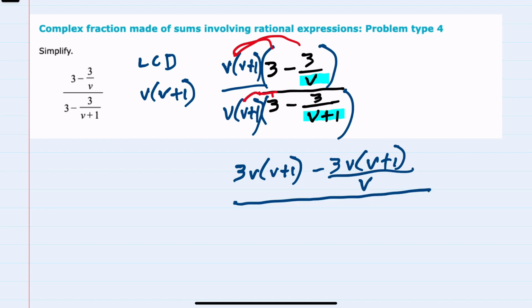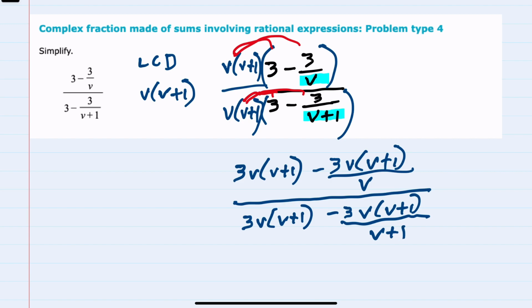And then distributing in the denominator, we also have a 3 times v plus 1, and then distributing to the second part, a negative 3 times v plus 1. This one is over the v plus 1. And now that we've done that distribution, we can see that we have some canceling that gets rid of those denominators in the top and the bottom.